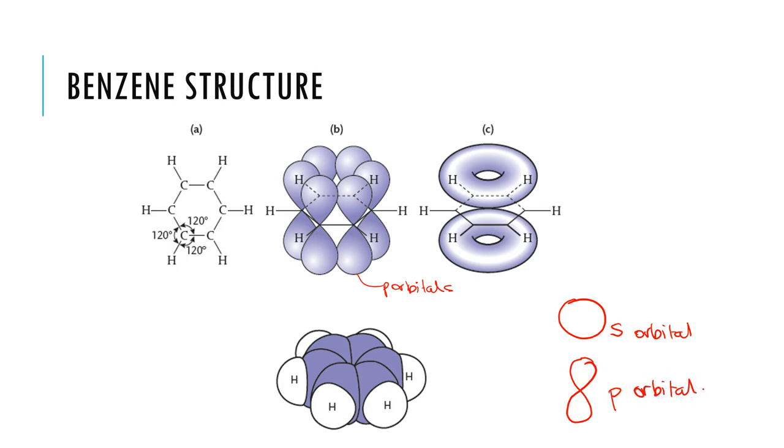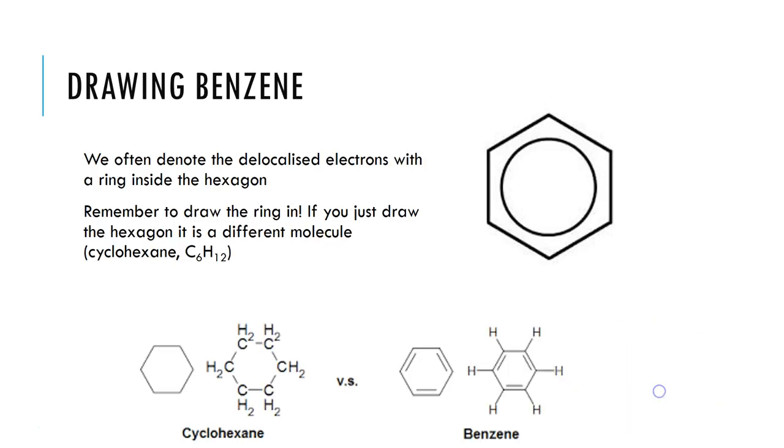And then what we get is this sideways, you'll notice here they're overlapping a little bit here. And this sideways overlap forms what we call a pi bond, which we'll talk about more later on in higher level. But this pi bond system essentially means that the electrons can travel around in this donut-like cloud above and below the ring. Okay, which is what makes it so stable.